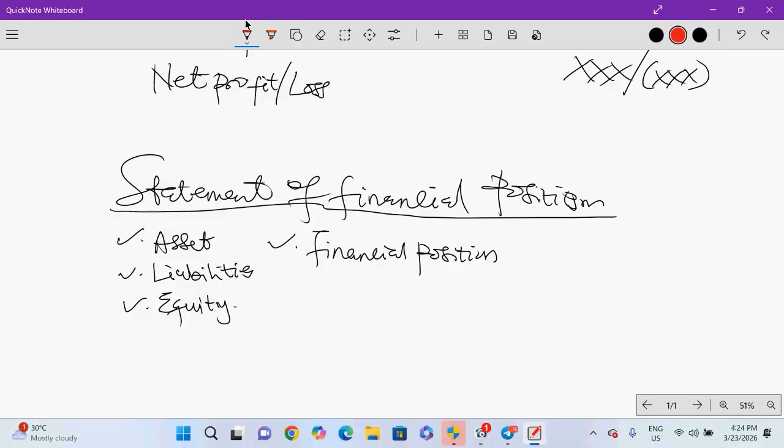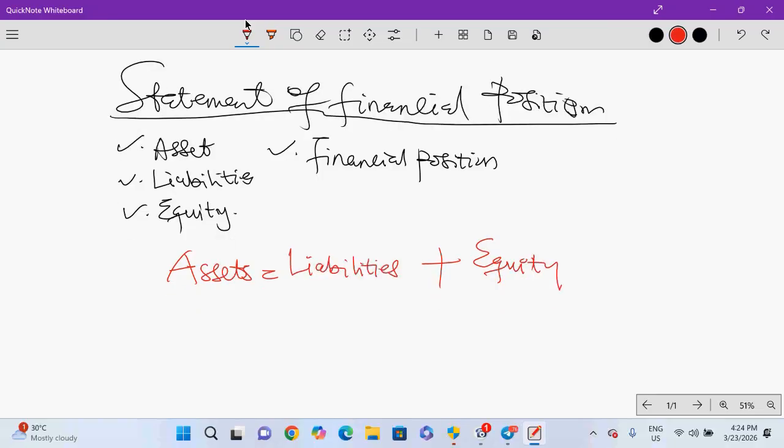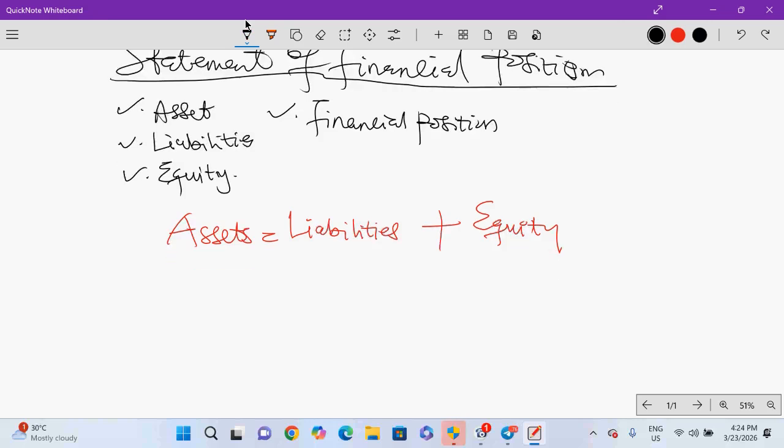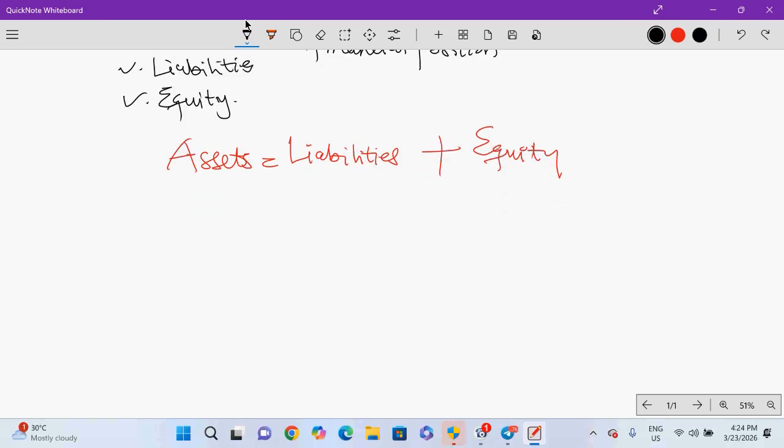Assets is equal to liabilities plus equity. So this is the format that you follow to prepare the statement of financial position.